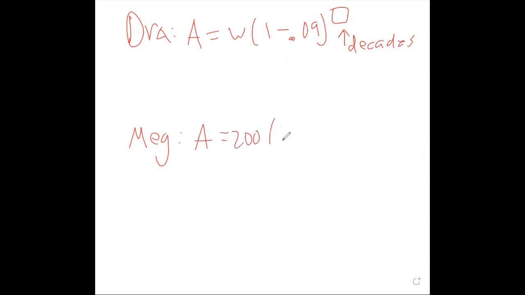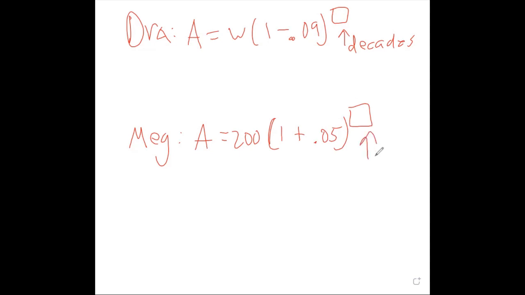So for the Dragon Zord, it says decay. The current value is W, and it's going to go down 9%. And here time is measured, it says in the paragraph, as decades. The Megazord, they tell us flat out, it's currently worth 200. And this is going to go up, so addition, by 5%.